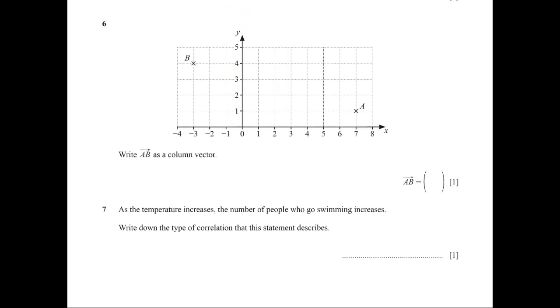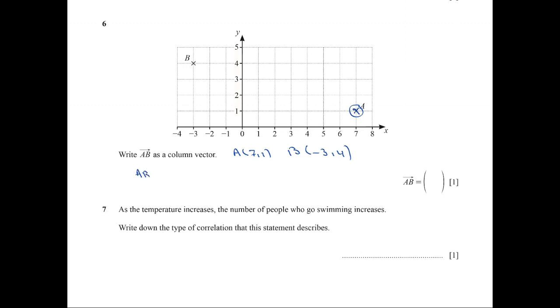Question 6. Write AB as a column vector. A is equal to 7 and 1. B is equal to -3, 4. Now we need to find AB.